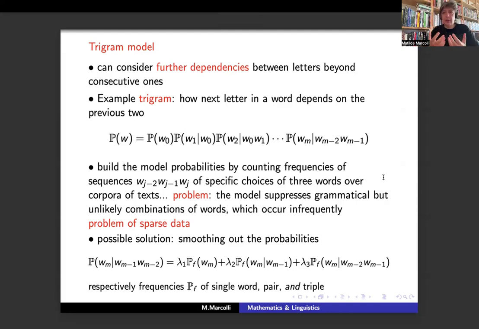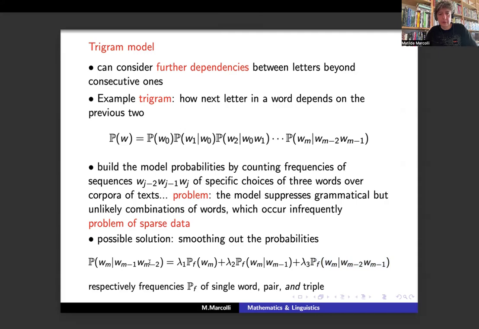So one way to compensate for this problem in this N-gram type probabilistic model was to smooth out the probabilities.